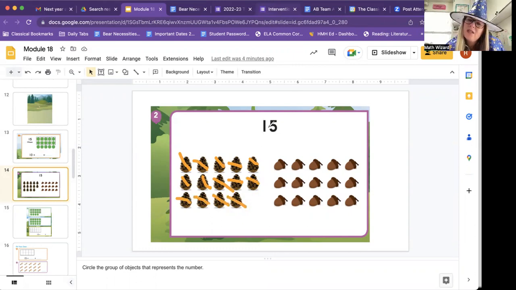Does that represent 15? That doesn't mean you should just automatically circle this, because let's count. 1, 2, 3, 4, 5. Now, we can continue counting them on. Or do you know how to count by fives? Look, there's the same amount in each row. 5, 10, 15. That's a fun way to count.